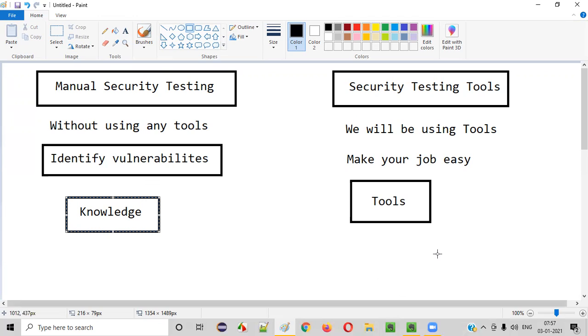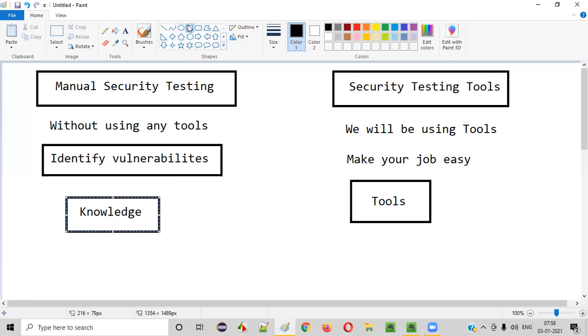So in case of security testing, guys, first learn, first focus. Don't worry about the tools. Tools also we can learn at a later point of time, but the main important thing is knowledge, guys. We need to increase our knowledge in security testing in such a way that without using tools also, we should be in a position to identify the security loopholes or vulnerabilities in the application.